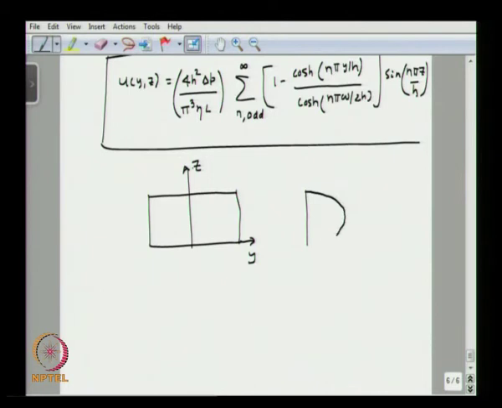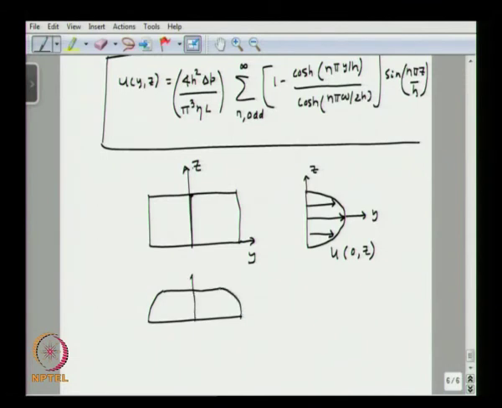So, across this, since the walls are close to each other, the viscous effects make this velocity parabolic. This is z direction and this is y and this is u at y equal to 0 and with z. Similarly, in this plane, if you try to draw the velocity profile, it will look like this. It will be parabolic around the edges, then it will look flat and then it will become parabolic.